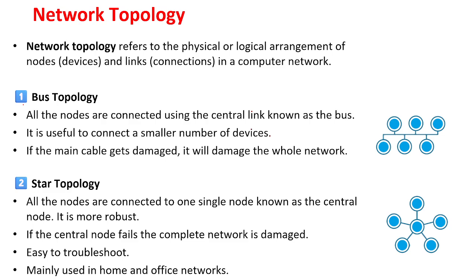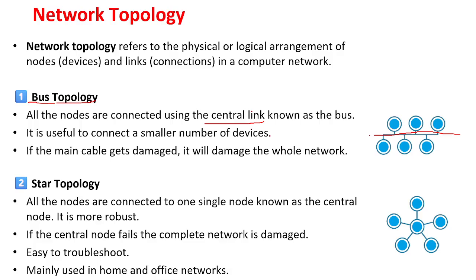Let's look at the types of topologies. The first and the simplest one we have is the bus topology, where all the nodes are connected using a central link. As you can see here, all the nodes are connected to the central link and data flows through that. It is applicable to a small number of devices.